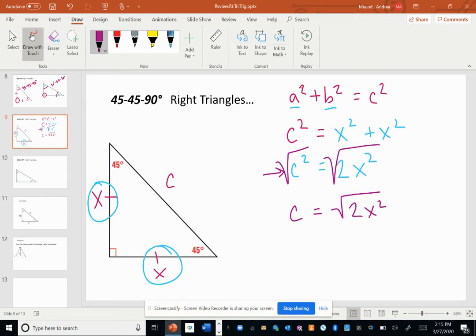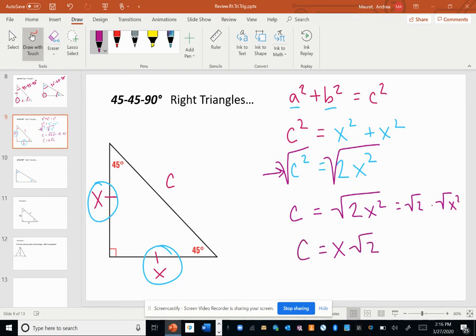Now, the square root of 2x squared is equal to the square root of 2 times the square root of x squared. And since the square root of x squared is just equal to x, I can simplify this to x root 2.